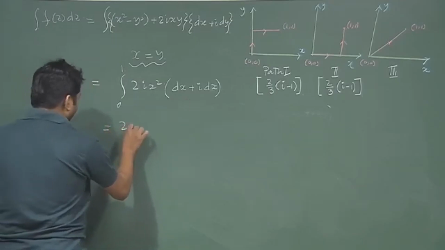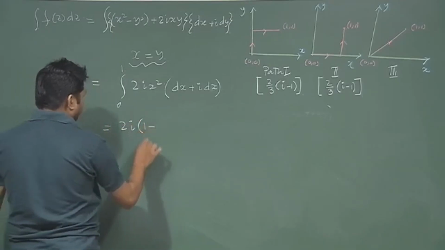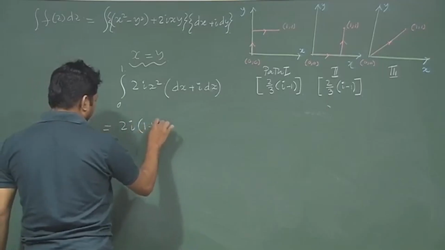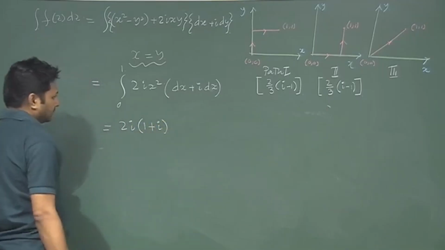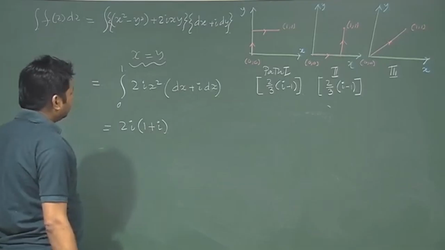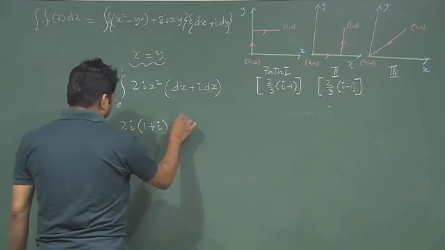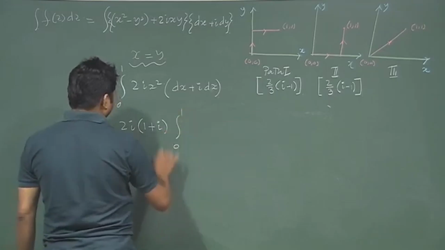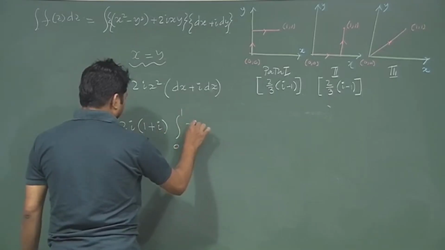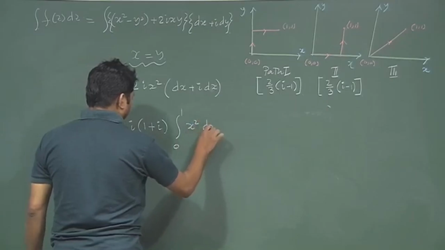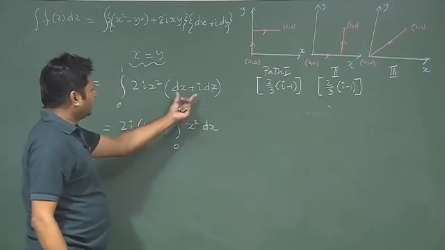Now, it is 2i multiplied by (1 plus i), and then I integrate 0 to 1 of x square dx. If I take dx common, then it will be 1 plus i.